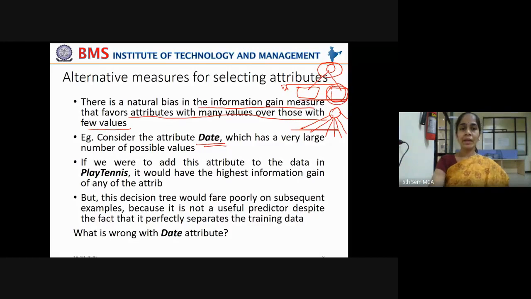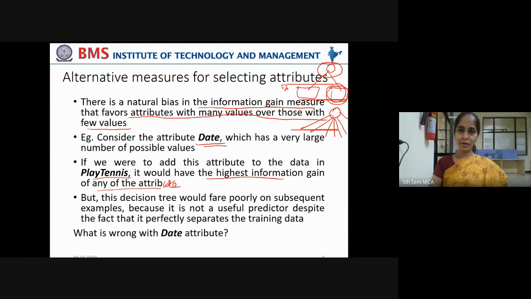Let's see. If we were to add this attribute to the data in play tennis, it would have the highest information gain of any other attribute. Why? Because it makes perfect classification, right?